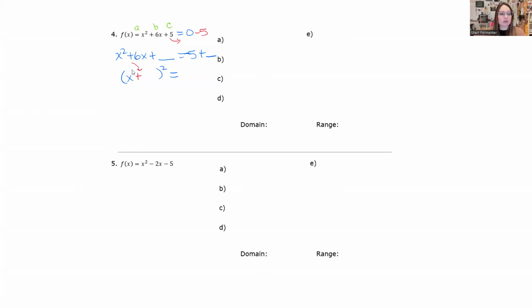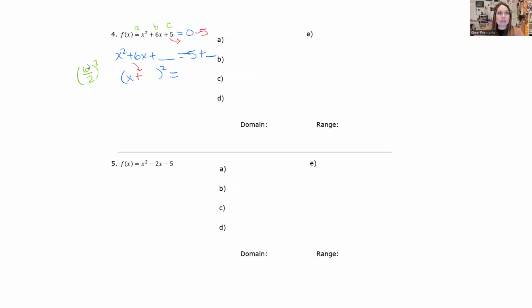The b value is positive and the parentheses is positive. Now I'm ready to complete the square off to the side, and I'm going to have b divided by 2, squared. What is the b value? 6. So I'm going to have 6 divided by 2, squared.